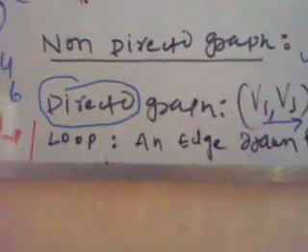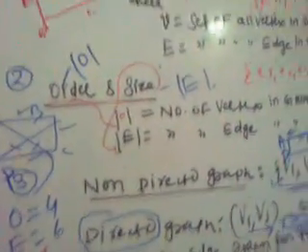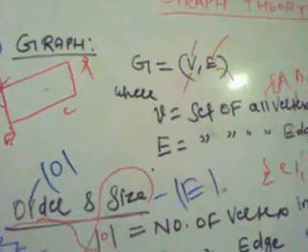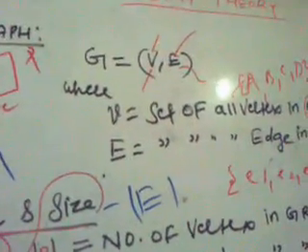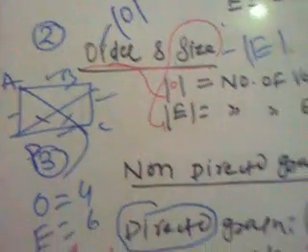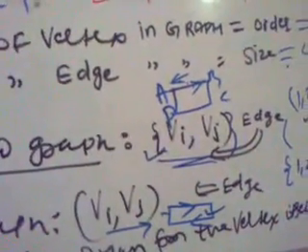So I want to summarize this lecture. Firstly, we have seen graph theory, and in graph theory we have learned about the vertices and edges of the graph. The order of the graph is the number of vertices in the given graph, and the size is the number of edges in the graph.